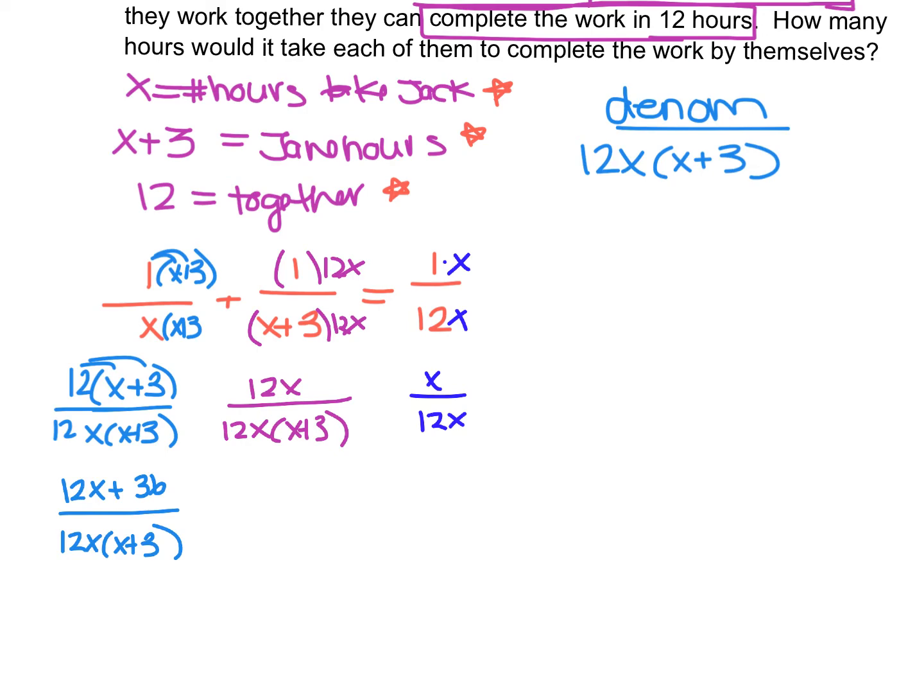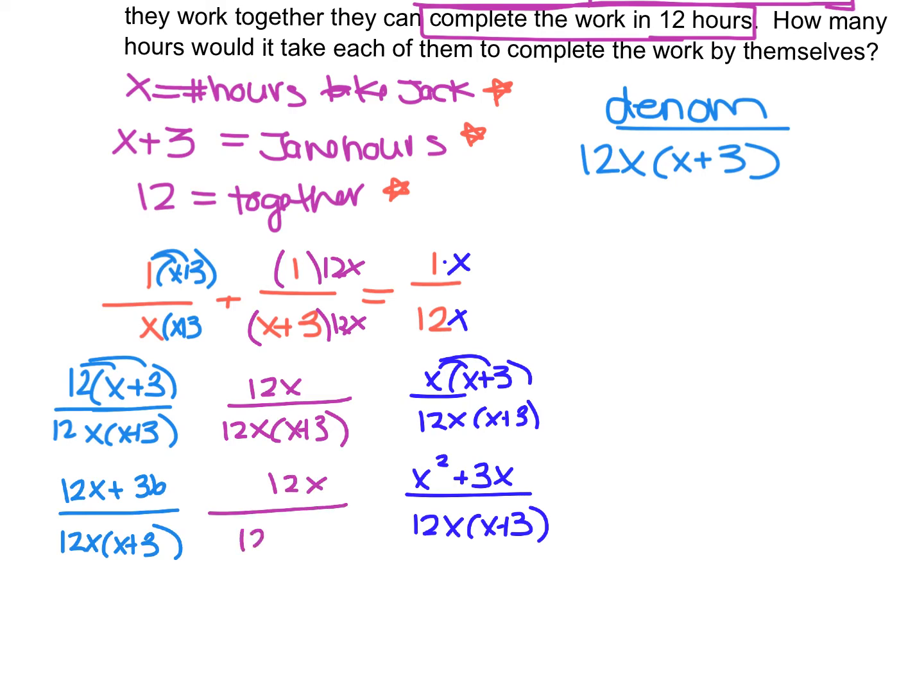And then I need to multiply by that denominator, which is going to be X plus 3. So my numerator, if I distribute, becomes X squared plus 3X all over, we have our common denominator of 12X times X plus 3. So I'm going to bring this middle one down a little bit so I can see exactly what I have right now.